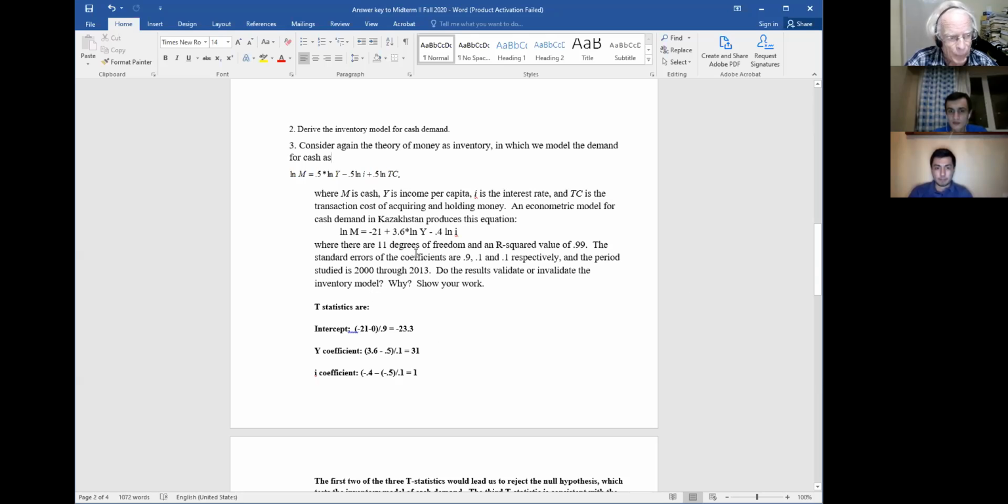More data would help. If you're interested in testing the model itself, you will find the data at the National Bank website, interest rate and income.